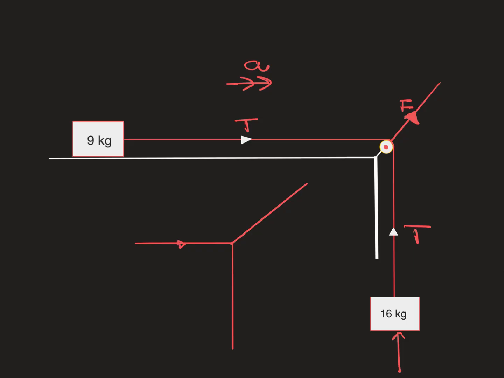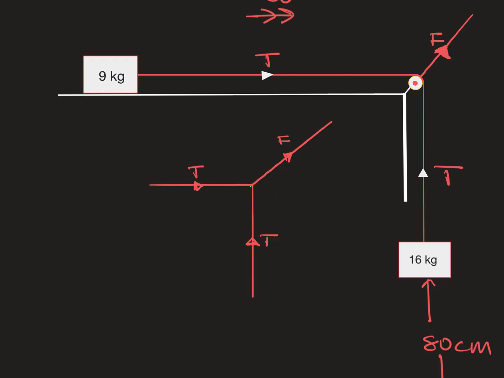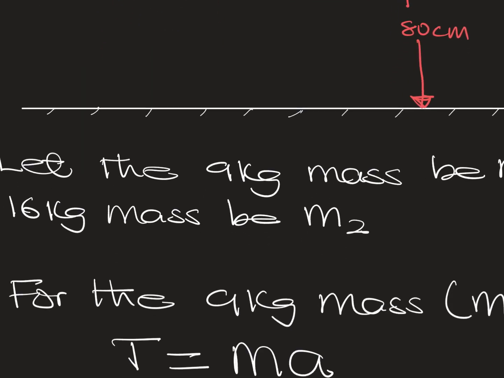So this is the tension, this is the force, and this is also tension. I can derive a triangle by sketching a line for F and using a parallel line to draw T. In that case, we have a right angle triangle where this side is T and this side is F.